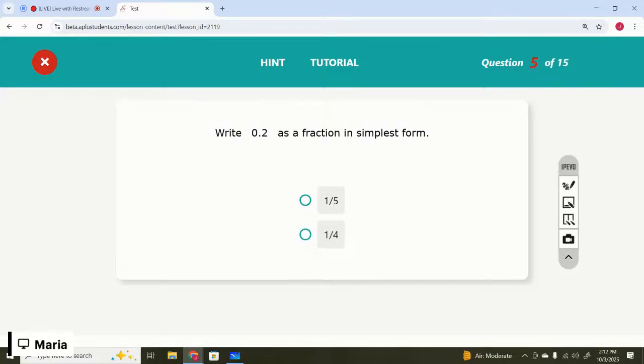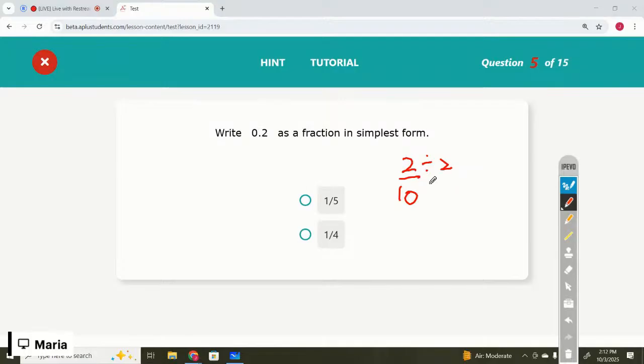Write 0.2 as a fraction. So we can write it as 2 over 10. Divide them by the greatest common factor, that is 2. So 1 over 5 it is.